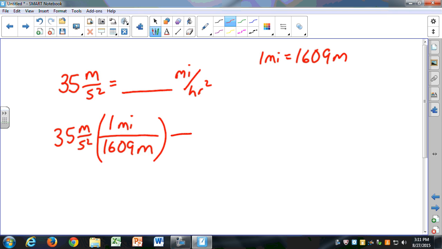And then I have in 1 hour, 3,600 seconds. What do I have to do here? Put parentheses around it? Is that all? I square this one, right, yeah. So that cancels out these seconds, and I'm left with miles per hour squared. And then you just multiply 35 times 3,600 divided by 1609.